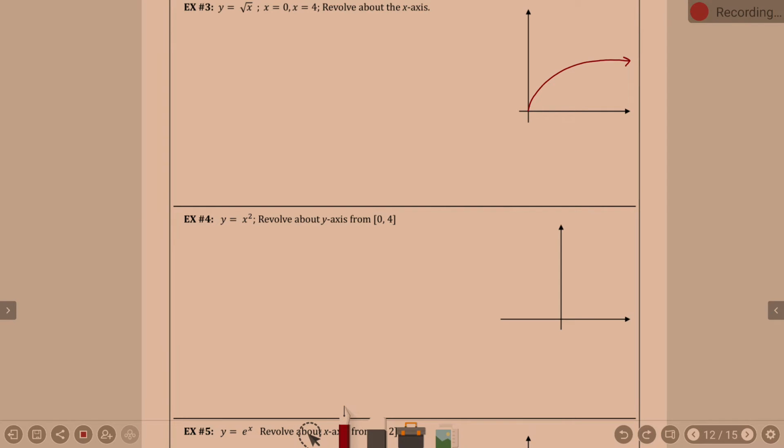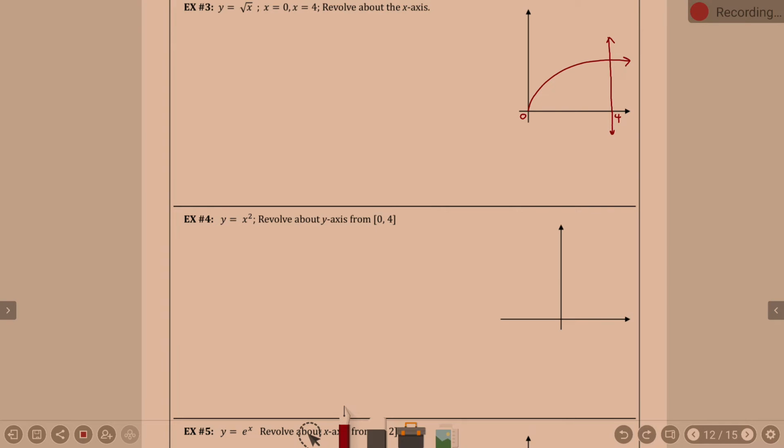And then y equals square root of x, x equals 0, and x equals 4 are my boundaries, essentially. Well, where are x equals 0 and 4? Here's 0 and there's 4. The idea is that those lines intersect each other.